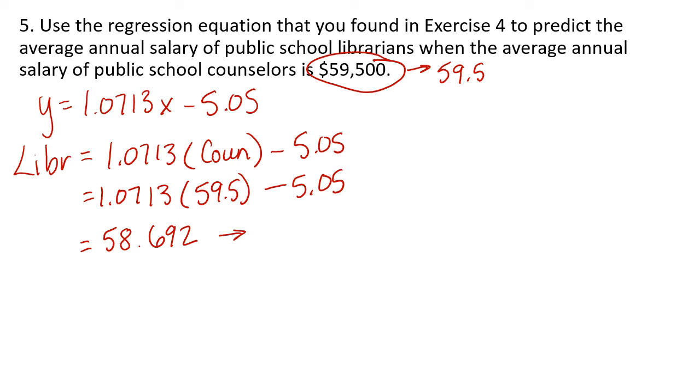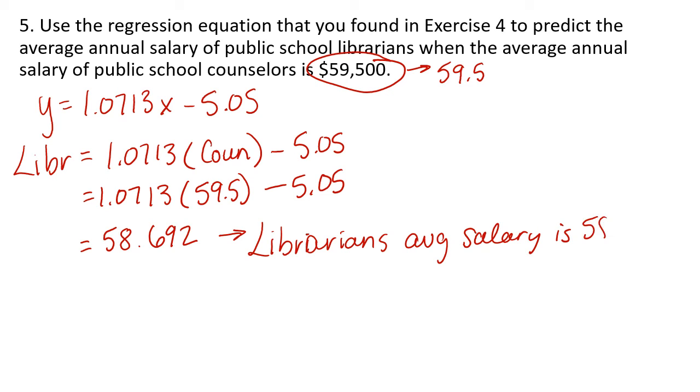So if we wanted to write out what we would predict a librarian average salary would be, librarian average salary is going to be $58,692. That would be our prediction, using what we know from the last 12 years of the relationship between the average librarian salary and the average counselor salary.